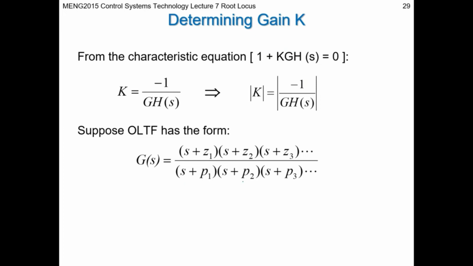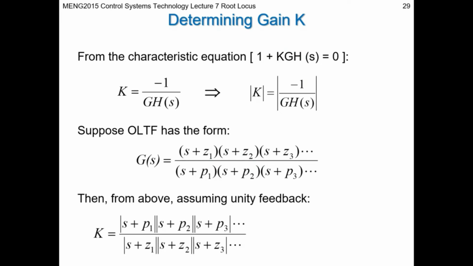If we have an open loop transfer function that has the form like this, where we've got a set of zeros and a set of poles, then we can assume unity feedback. So assuming h equals 1, the modulus of k equals the modulus of 1 upon g.